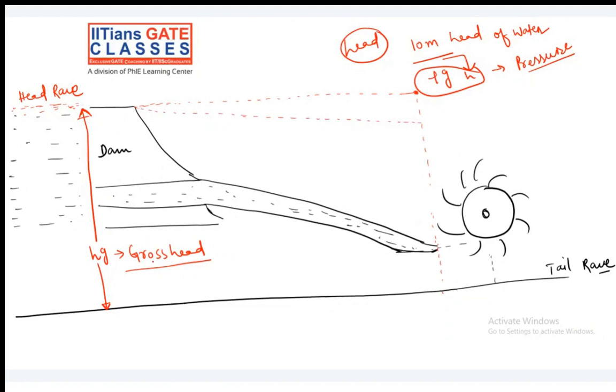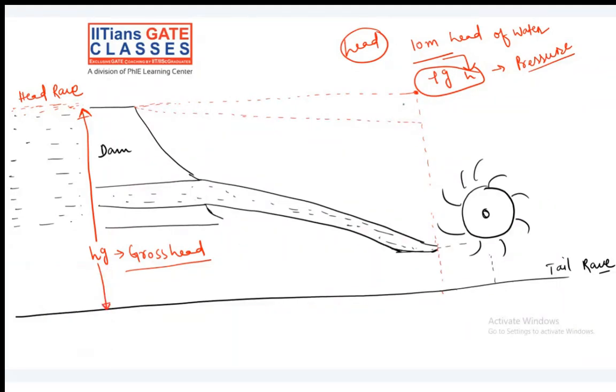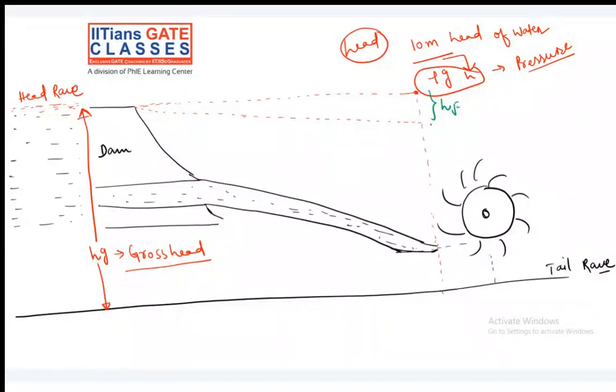The part which is lost is called frictional loss, or in general head loss, but frictional loss because this is the dominating one. If it is lost, then at the turbine entry you have only this much head, and this amount of head is called net head.